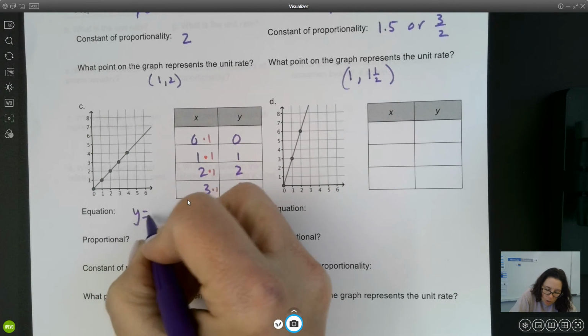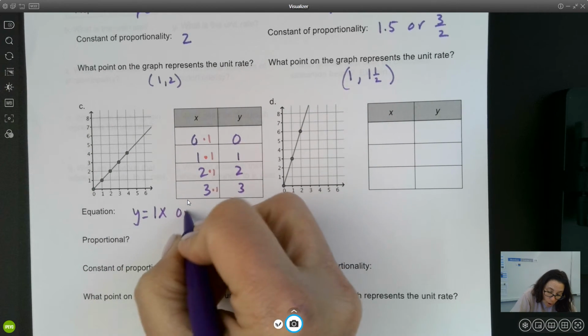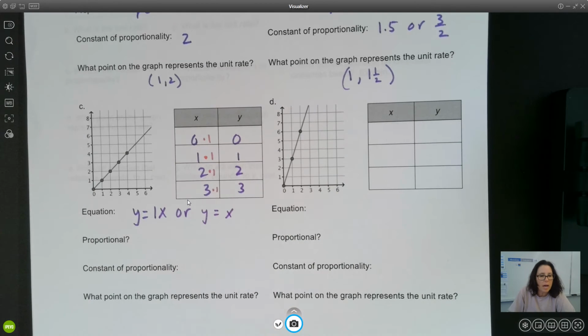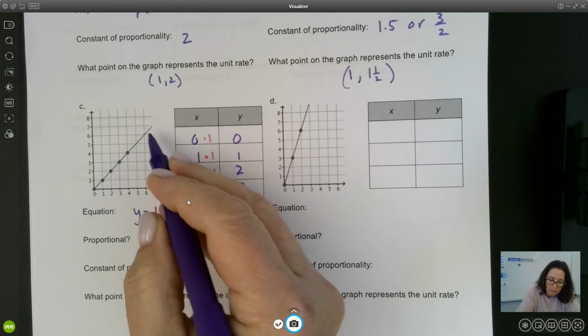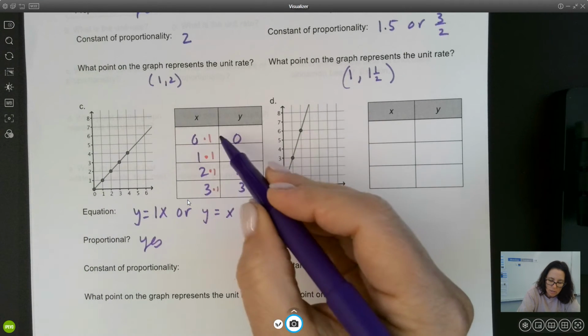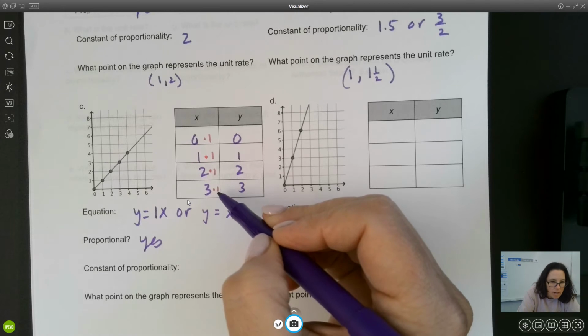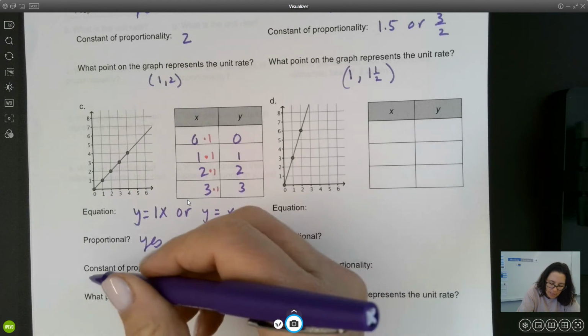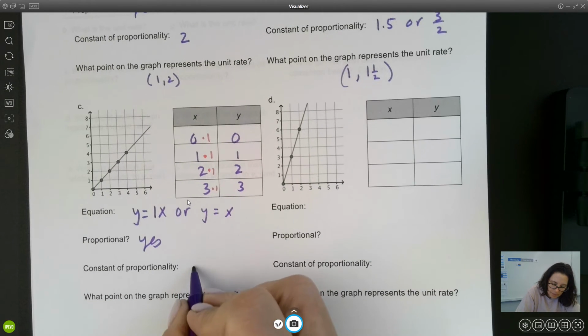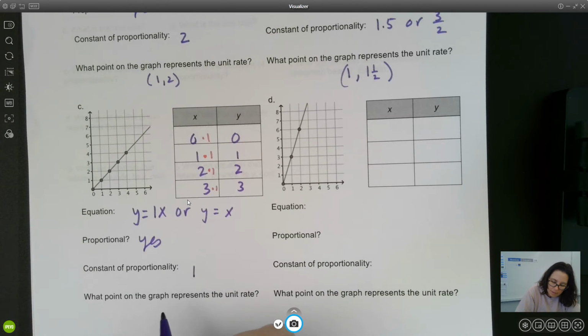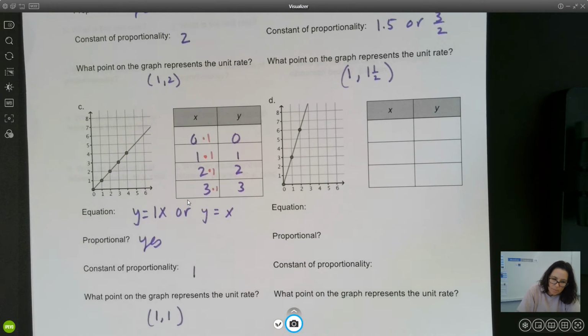So y equals 1x or y equals x, it doesn't matter. They're both the same. Is this proportional? Yes, it is. Again, linear into the origin, same pink number. That's how you know. Okay. Constant of proportionality, 1. And then the point that represents the unit rate is 1, 1.